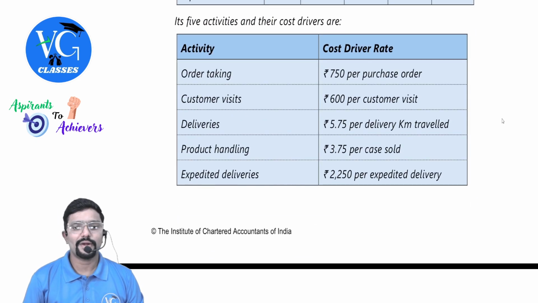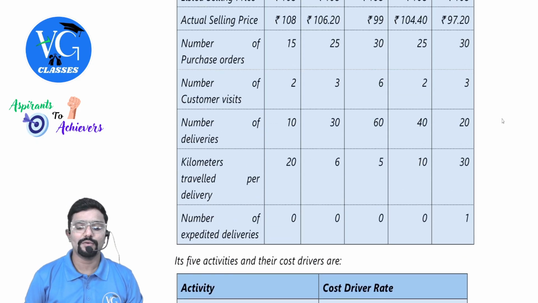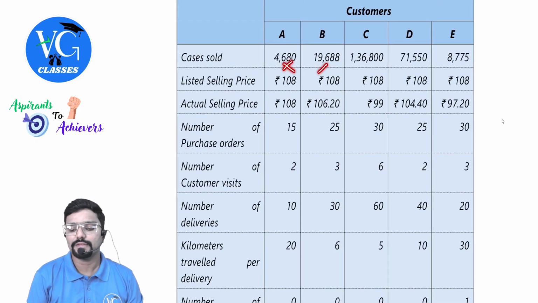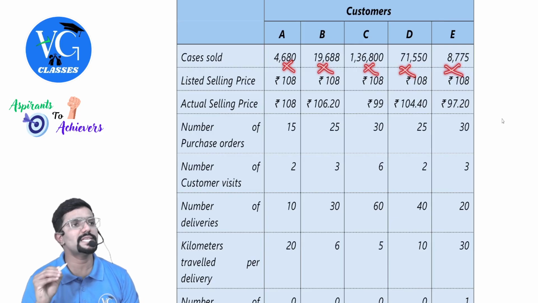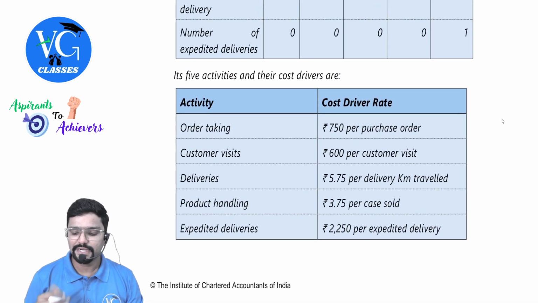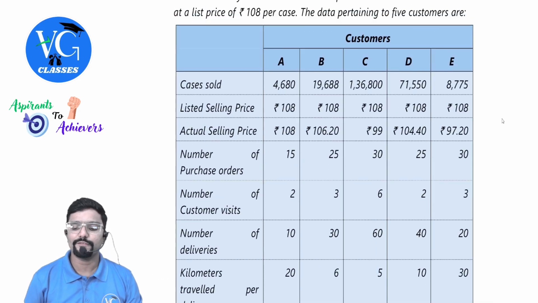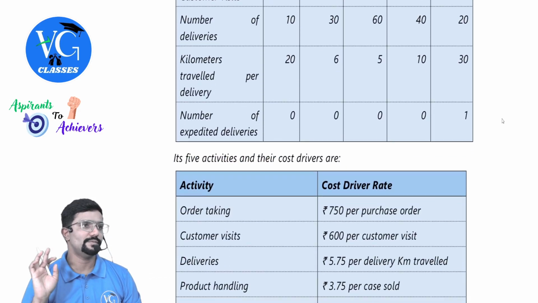Then product handling, 3.75 rupees per case sold. If I have to calculate the total, multiply with cases sold. Next, expedited delivery. Straight away put it, only here. How much? 2,250 for E. Only for E. That's all.